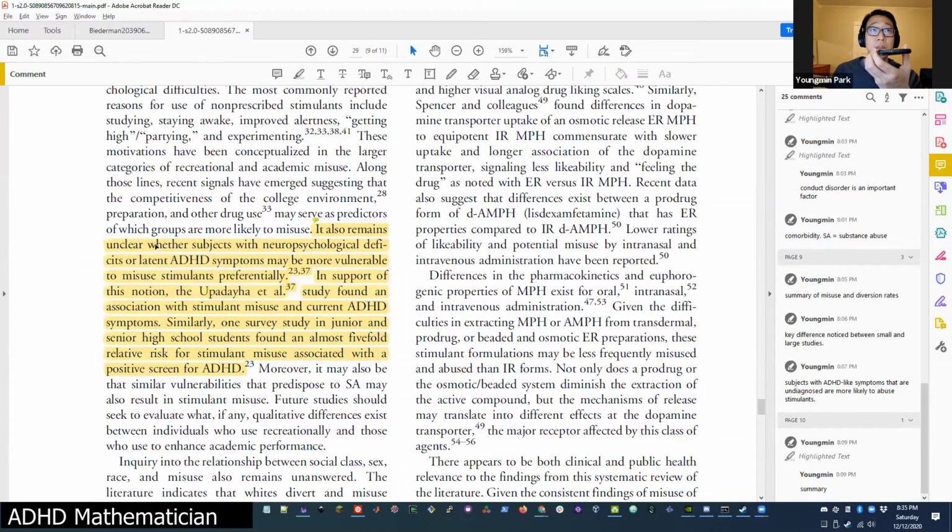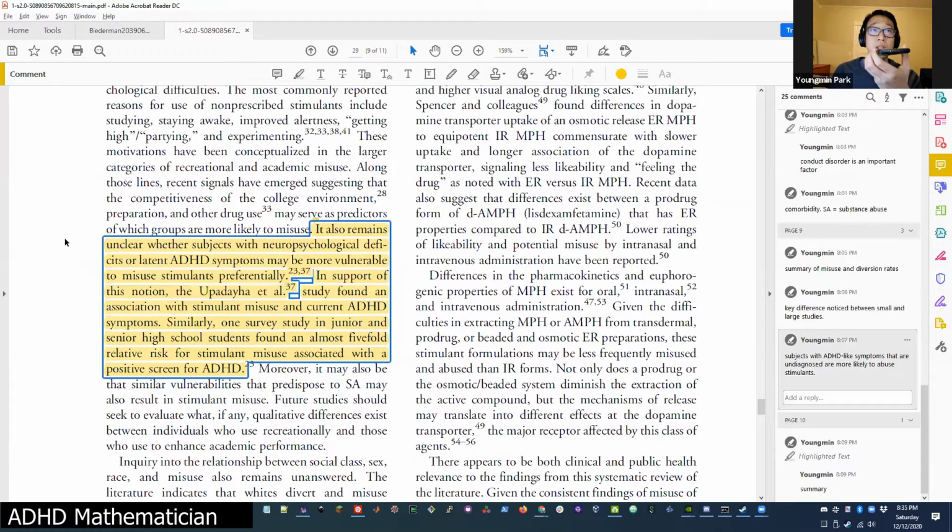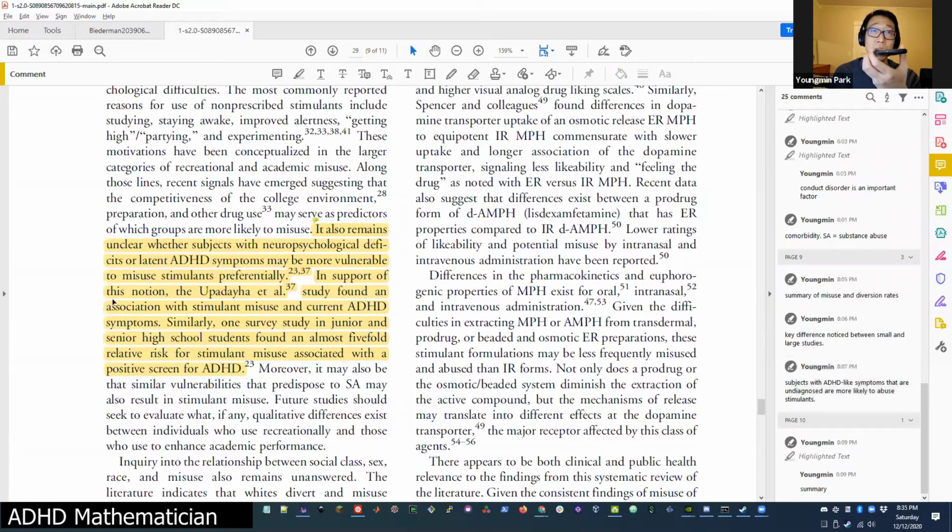It also remains unclear whether subjects with neuropsychological deficits or latent ADHD symptoms may be more vulnerable to misuse stimulants preferentially. In support of this notion, the Upadhyaya et al. study found an association with stimulant misuse and current ADHD symptoms. Similarly, one survey study in junior and senior high school students found an almost 5-fold relative risk for stimulant misuse associated with a positive screen for ADHD.